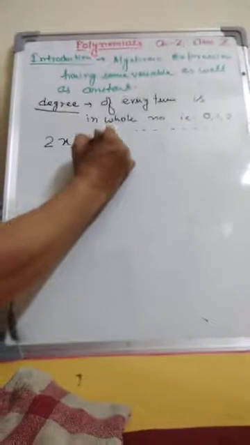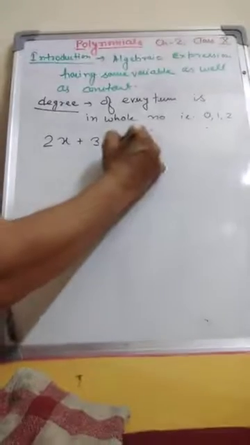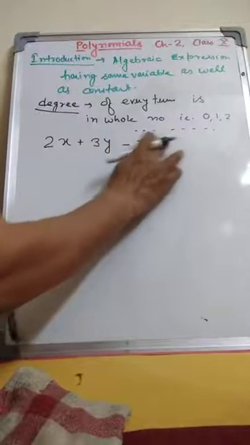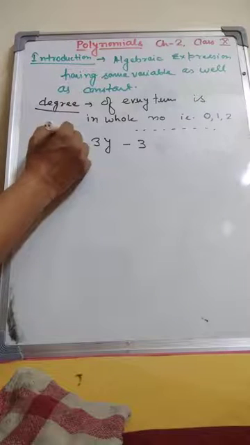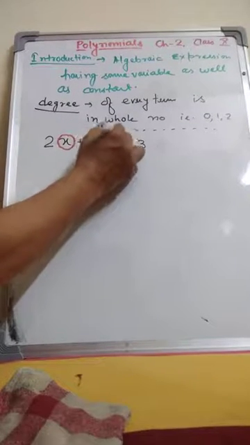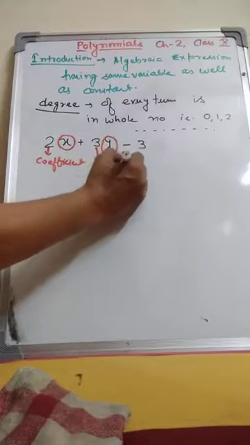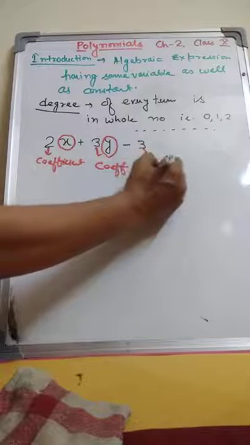For example, 2x plus 3y minus 3 is a polynomial, and it is a polynomial of two variables. This is one variable, this is another variable, and these are the coefficients. This is also a coefficient and this is the constant.